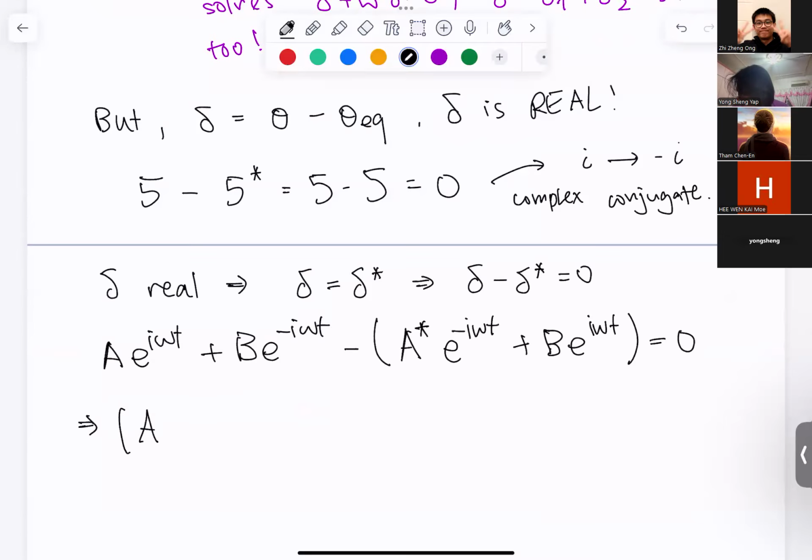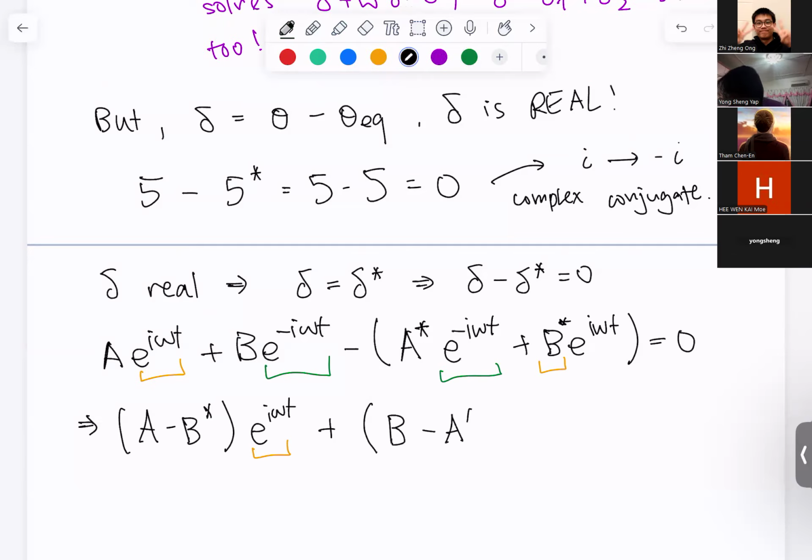Basically, we have A minus B star for e^(iωt), and B minus A star for e^(-iωt), and this is 0.